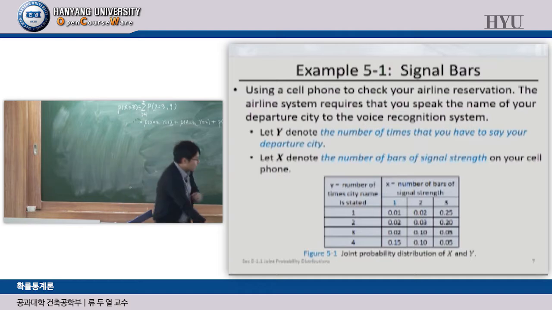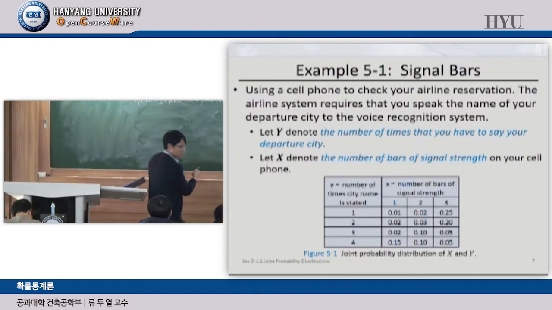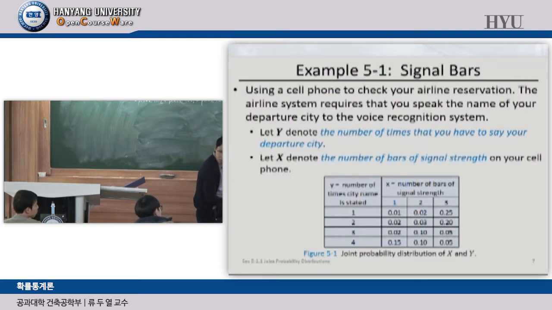So in this case, what is this summation? That is the summation of this column, right? Because this is the joint probability mass function of X equal to 3 and also Y equal to 1, right? What about this? There is a joint probability mass function of X equal to 3 and Y equal to 2, right? So this summation is the summation of this column, right?